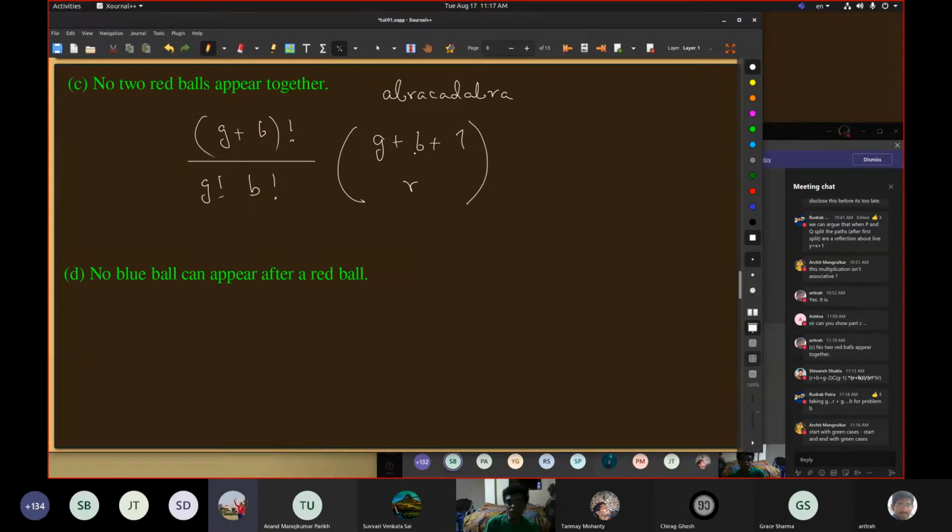Zero. You cannot choose R elements without repetition from G plus B plus 1 if R is bigger than this. So this choose thing is 0. So the quantity is 0. 0 times whatever, that is 0. So there is no contradiction, right? This formula correctly characterizes the count.